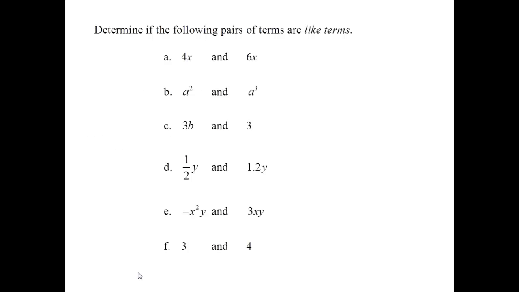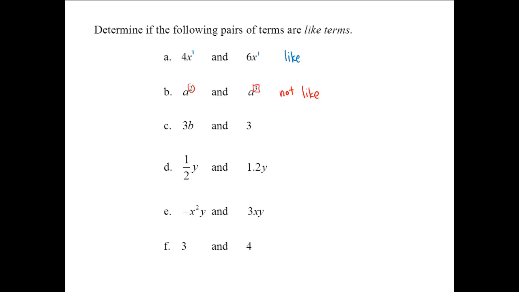Determine if the following pairs of terms are like terms. 4x and 6x are like terms because they have the same variable x, each raised to the same implied power of 1. A squared and a to the third power are not like terms. They may have the same variable a, but their exponents or powers are different. Those terms are not like terms.